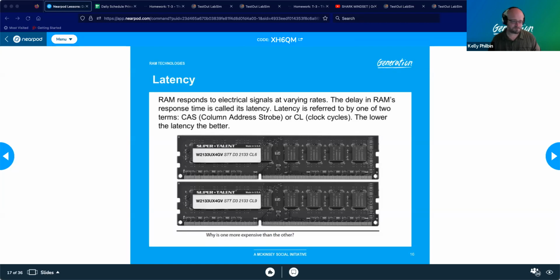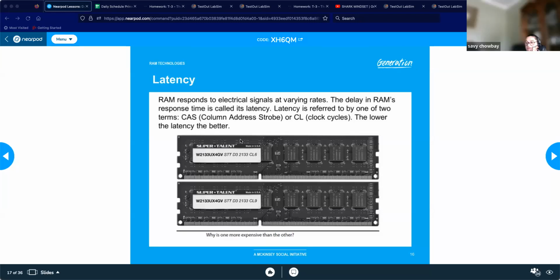Did you happen to say which one had the lower latency? I was asking which one of these would be faster. Which do you think, Joseph? My answer is whichever one has the lower latency. Okay, which one of these has the lower latency? That's what I don't know.